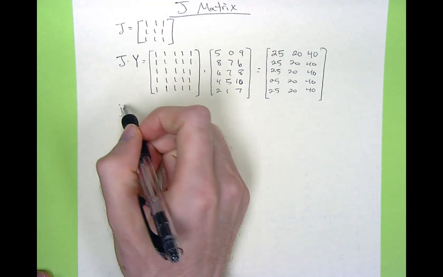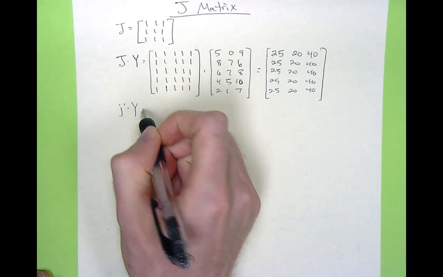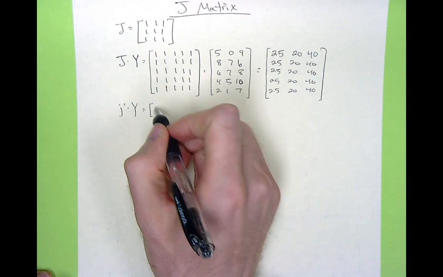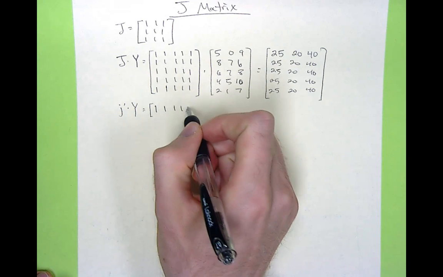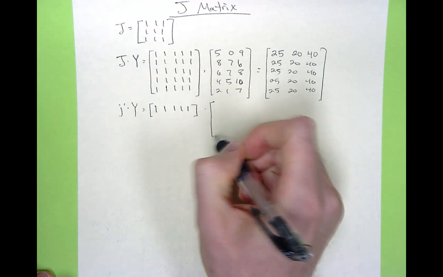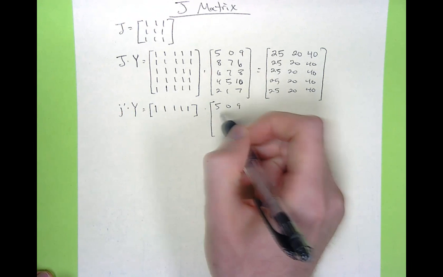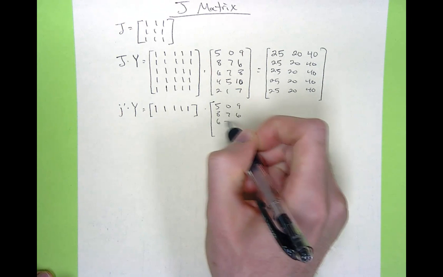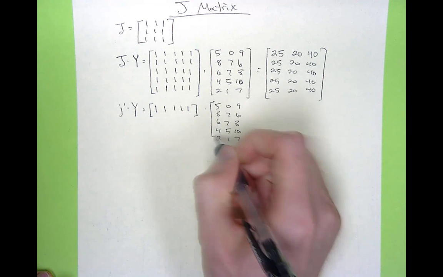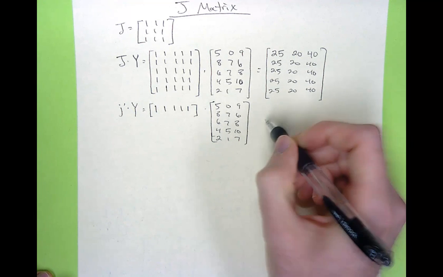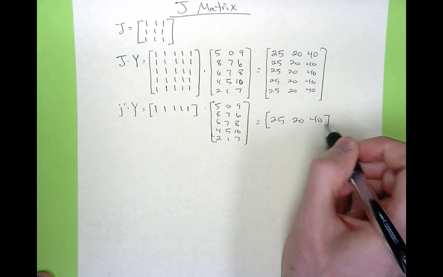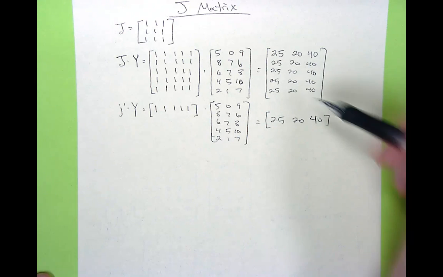So let's do the transpose of J times Y. Okay, just a 1 by 5, and you multiply that by Y. Okay, and what you'll get is just the sums.